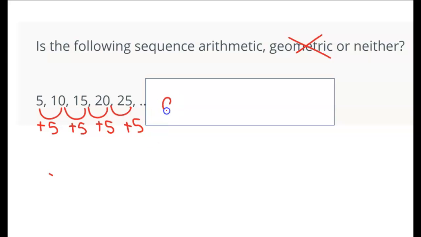Then that means this is an arithmetic pattern. Geometric pattern is when you multiply to get to the next number. Arithmetic is when you add to get to the next number. Those were some questions I had yesterday about some of the homework problems.